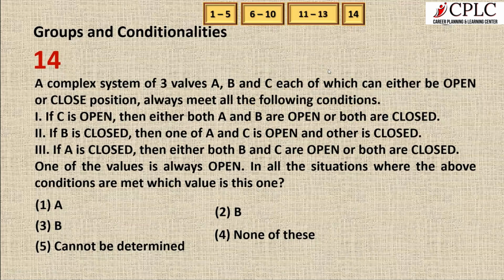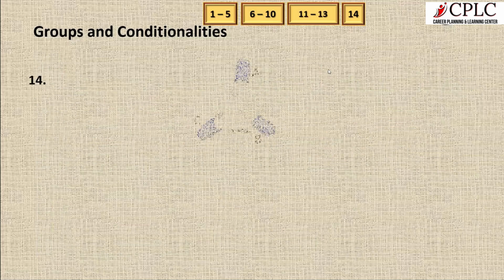The first condition says that if C is open, then either both A and B are open or both are closed. And the second condition says if B is closed, then one of A and C is open and the other is closed. Now, if we keep C as open and A and B both as open, these are the conditions that we'll get. So basically C, B and A, all three are open. But now we'll check whether it is meeting all the conditions or not.